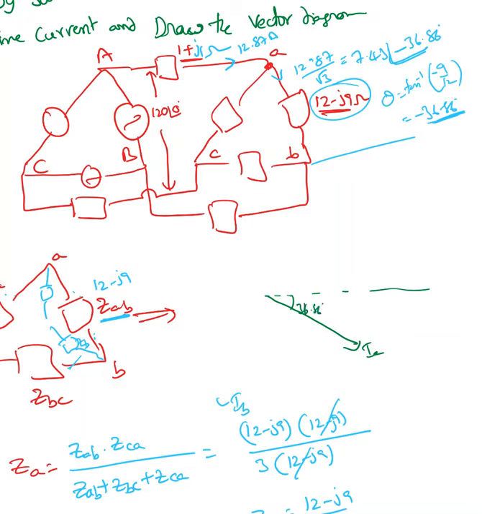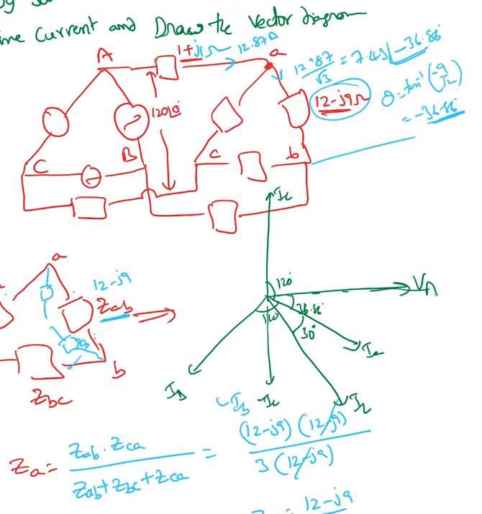And IB somewhere there, and then IC somewhere there. The phase angles must be 120 degrees apart. And here is minus IC, and here is our line current IL, and this angle must be 30 degrees, and here is our VA.